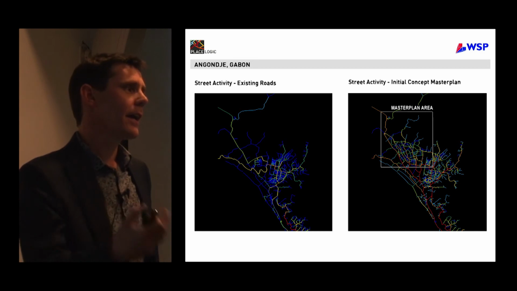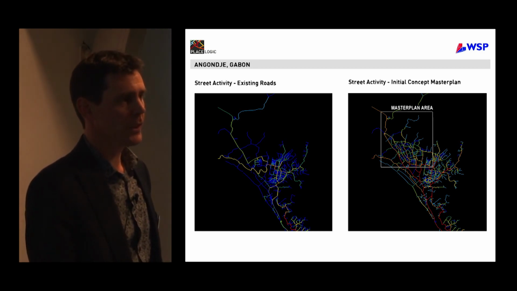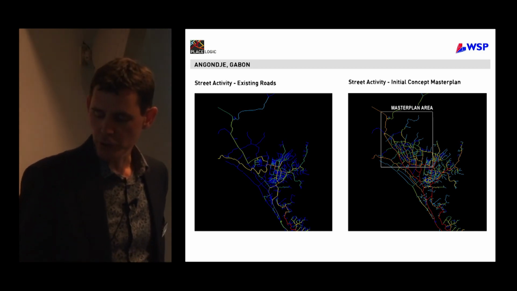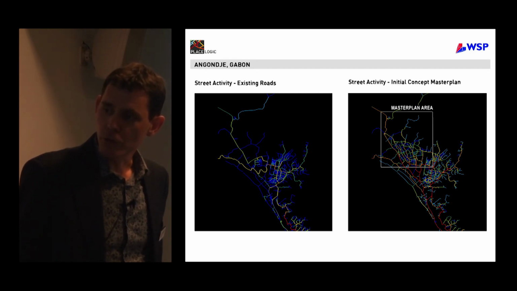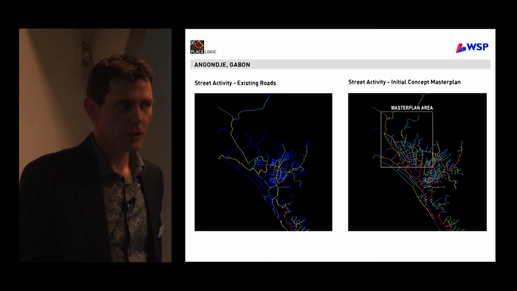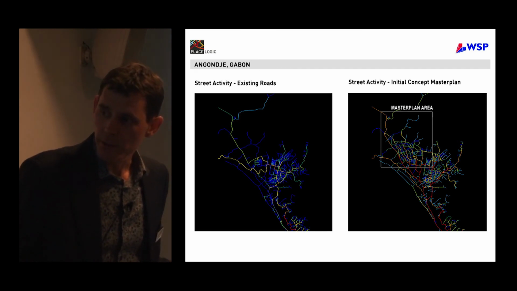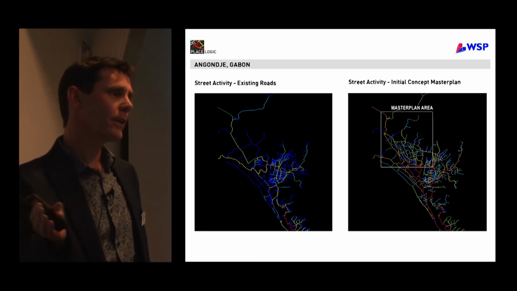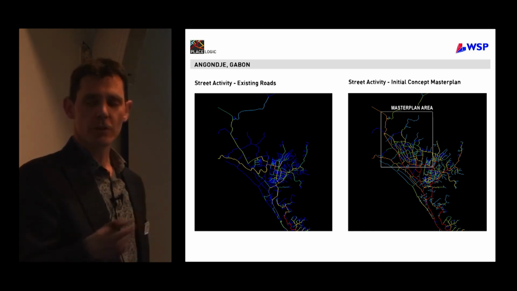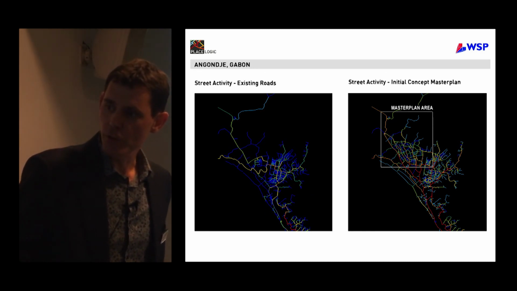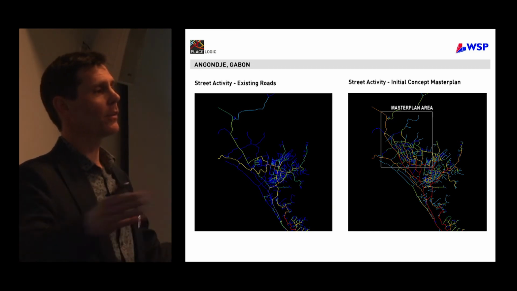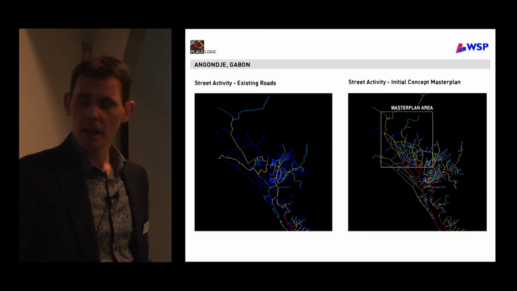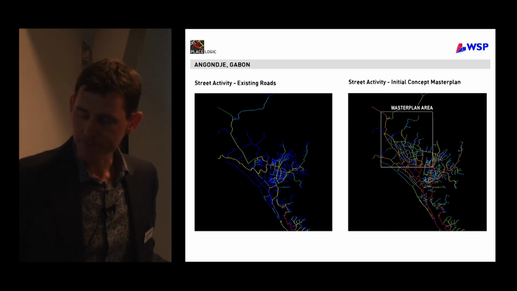With their ambitions and aspirations for the project, they could look at this and see that the radial corridors are all carrying an equal heat, which means that the movement through the master plan area is spread quite fairly across the whole width.